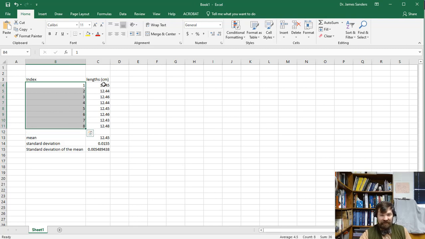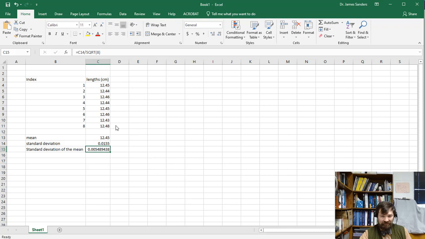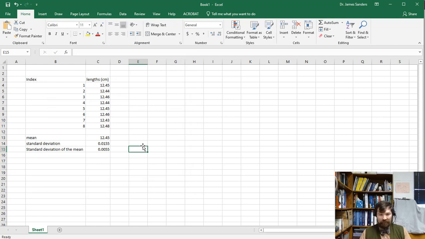I've typed the 8 measurements here, and then I've used Excel to calculate the average, the standard deviation, and then the standard deviation of the mean. And I really should maybe also format the cells to give the number of digits that I want to be shown, like so.